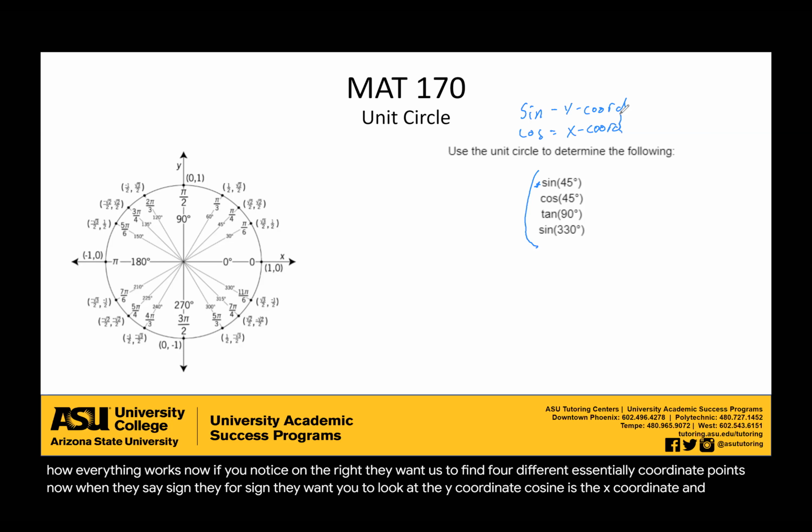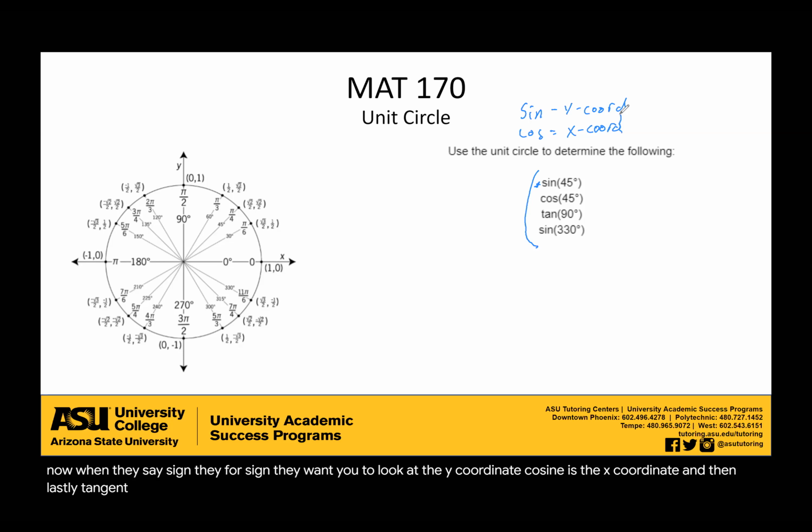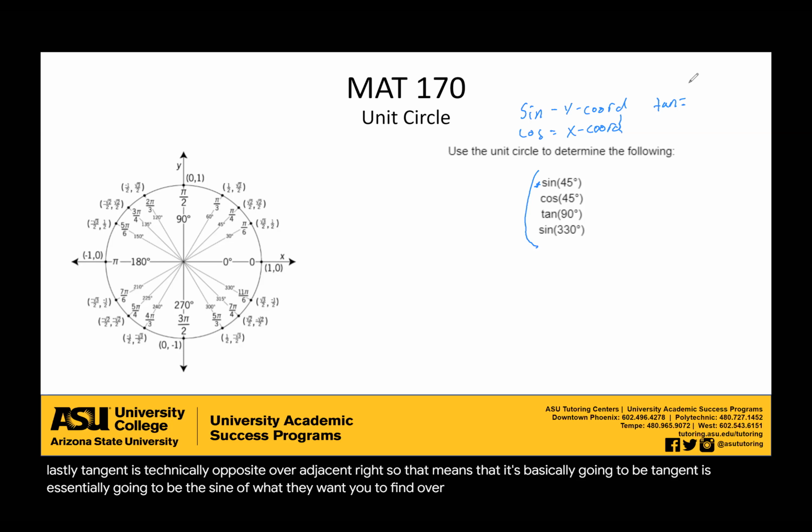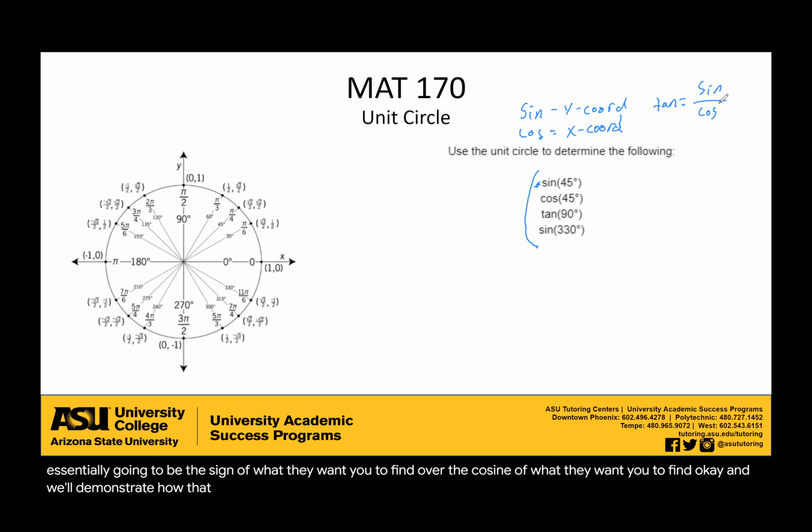And lastly, tangent is technically opposite over adjacent, so it's essentially going to be the sine of what they want you to find over the cosine of what they want you to find. We'll demonstrate how that works during this example here. So let's get started with this first question.